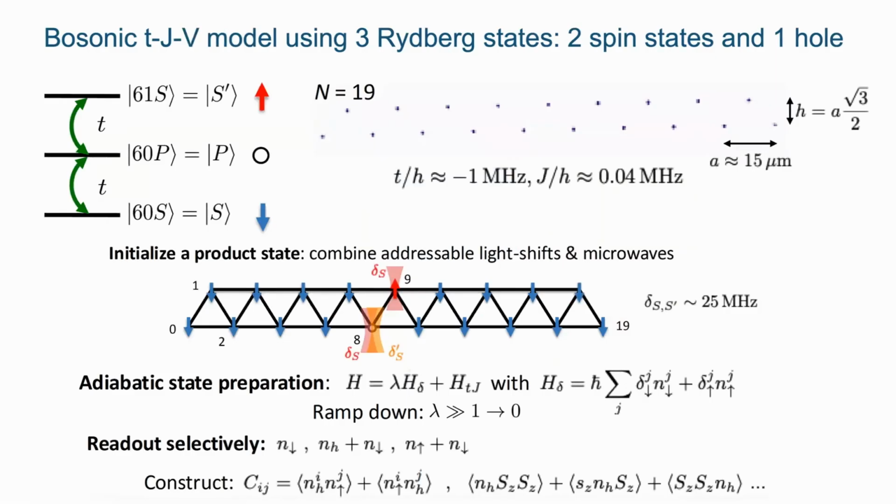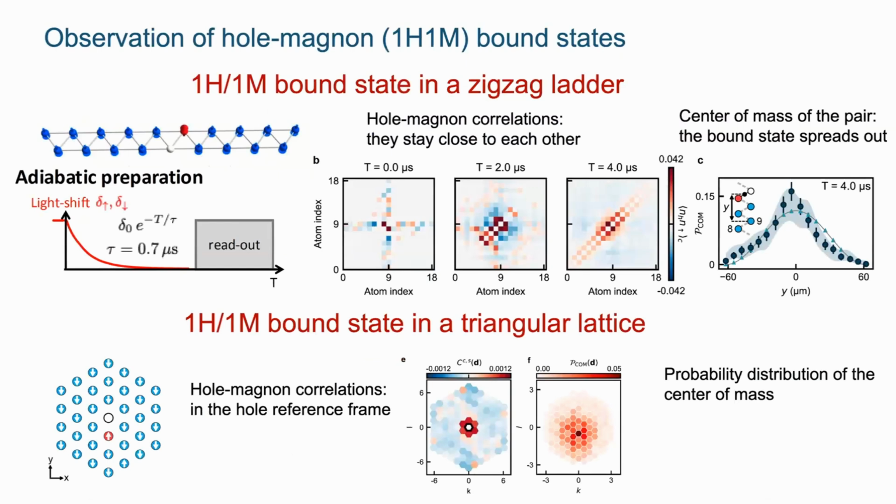Okay, since time is short, I'll just give you some highlights. They started by preparing a zigzag ladder and initialized a magnon and a hole. And then they let them go. In this case, exchange interaction can be neglected, so it basically corresponds to infinite U. What you can see in these plots is, after they initialized this hole and magnon configuration, the distribution functions of the coordinates of the hole and the magnon.